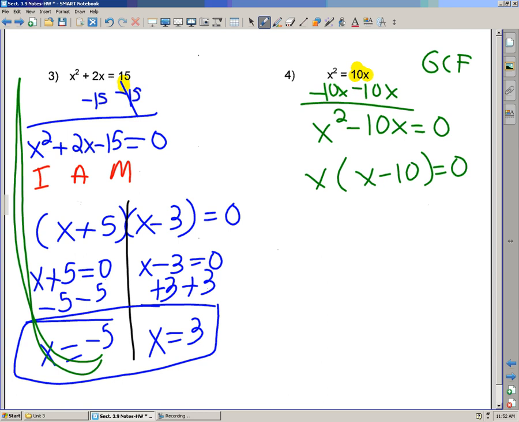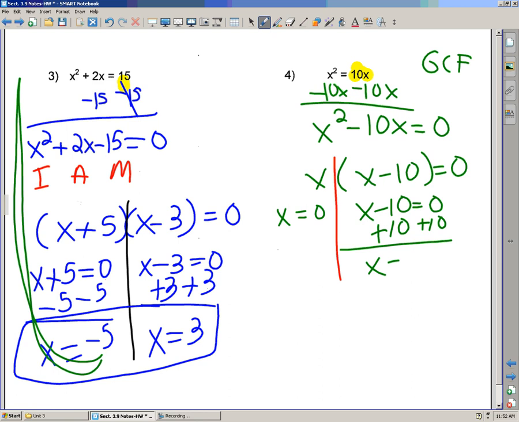We still have 2 factors. They're not both parentheses, only one's a parenthesis, but it's not a big deal. The factor on the left, the GCF, set it equal to 0, and you're solved. On the right, here's where you have to actually solve the equation, and x comes out to be 10. So your 2 solutions here are x equals 0 and x equals 10.